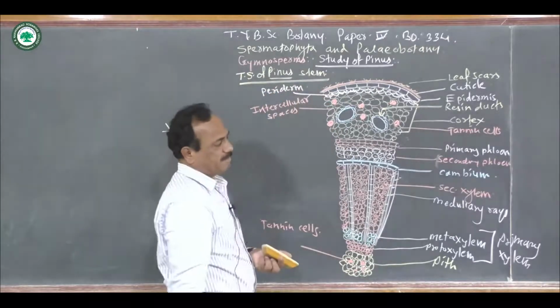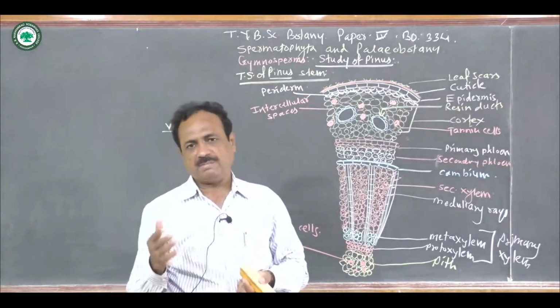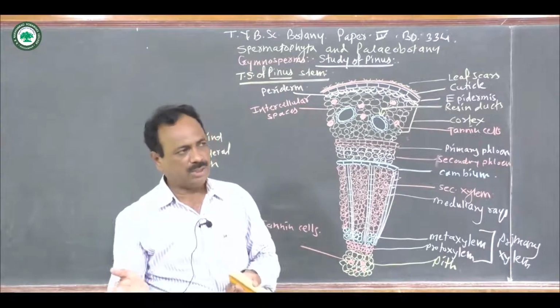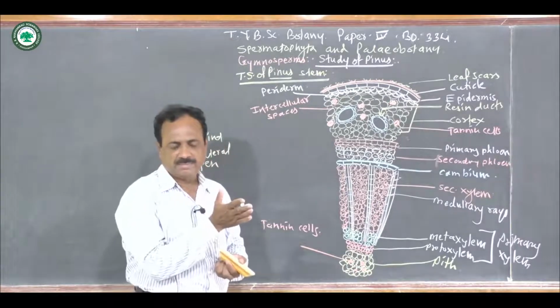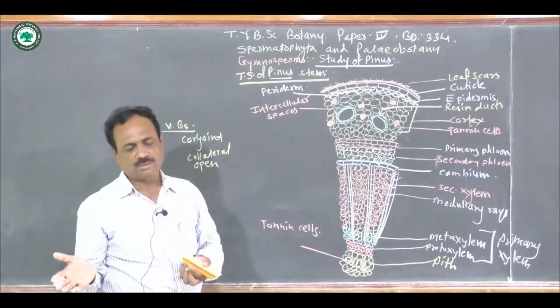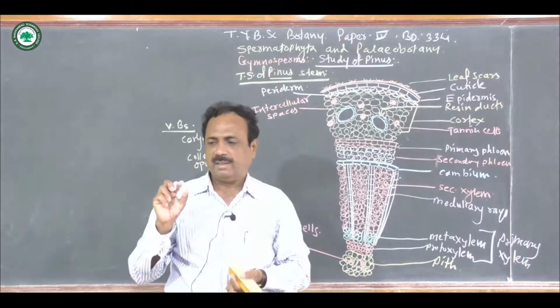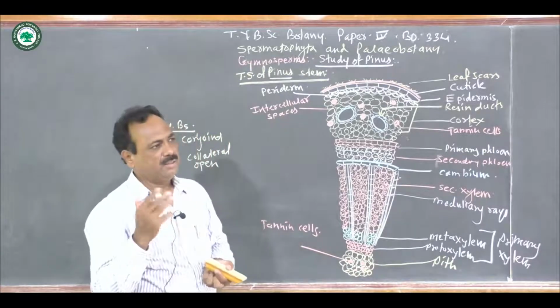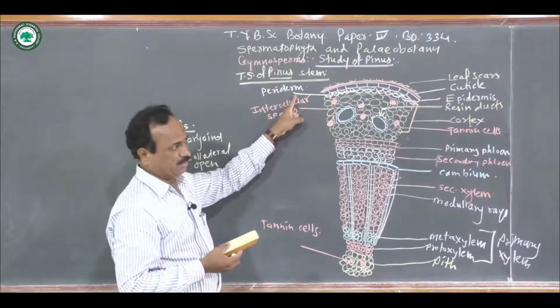The periderm shows three types of tissue layers: phellem, phellogen and phelloderm. The phellogen produces tissue toward the outer side, called the phellem. It produces tissue towards the inner side, called the phelloderm, and the phellogen acts as a meristematic tissue. Together these three layers form the periderm.